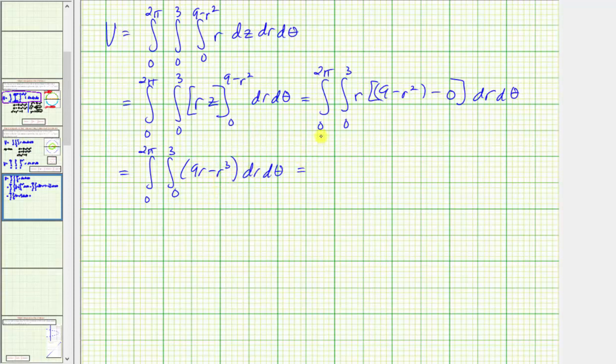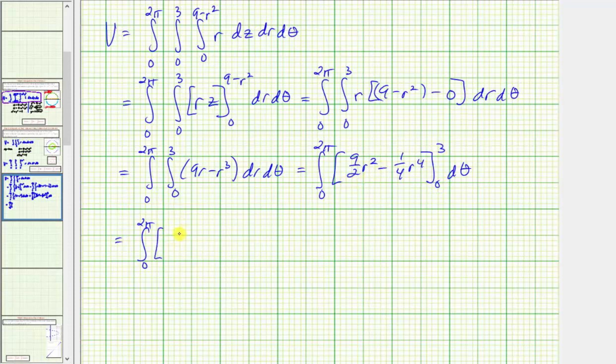And now we integrate with respect to r. So we'd have 9 times r squared divided by 2, or 9 halves r squared, minus r to the 4th divided by 4, or 1/4 r to the fourth. Now again, we find big F of b minus big F of a.